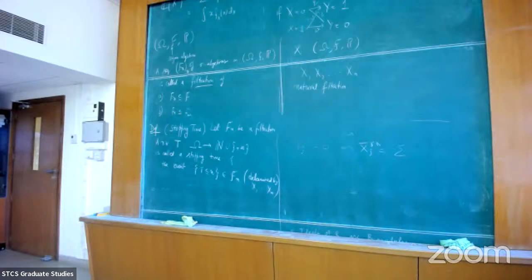What it's asking is that if this event happens or not, you should be able to tell by just looking at the values of x1 through xn.